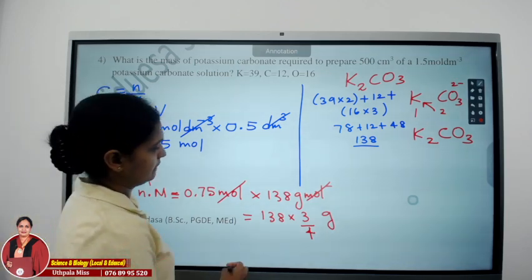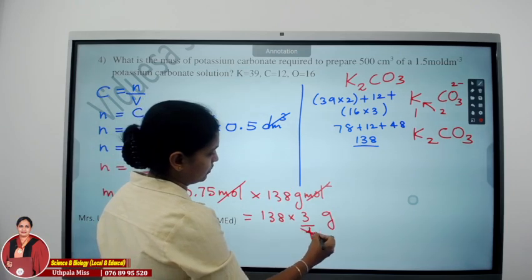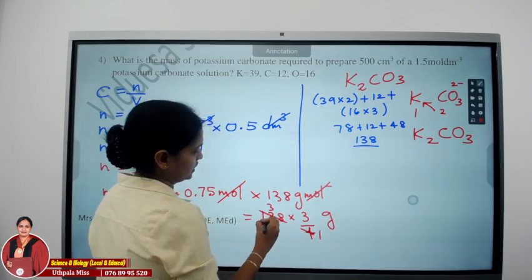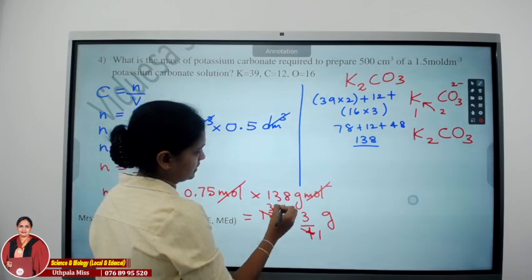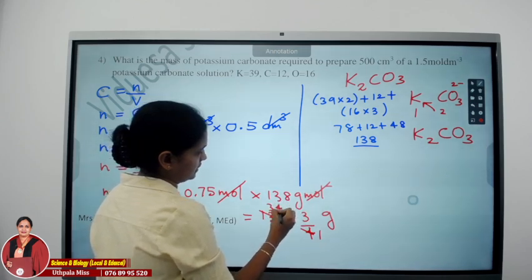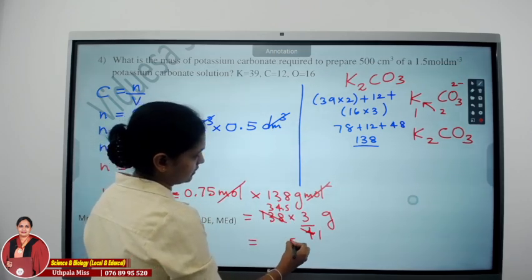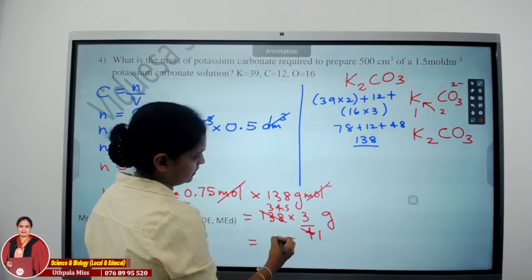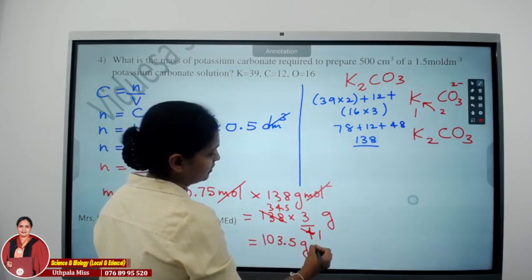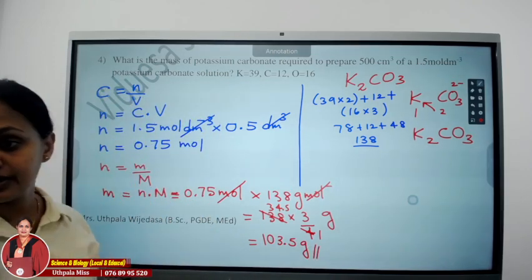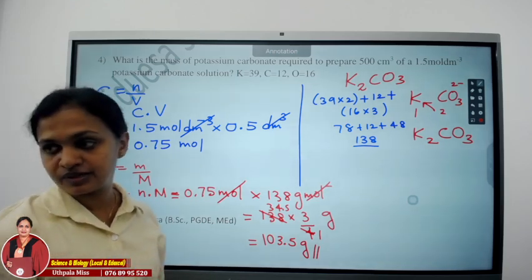It doesn't divide exactly. Look carefully. 34.5. 103.5 grams, is it? 103.5 grams.